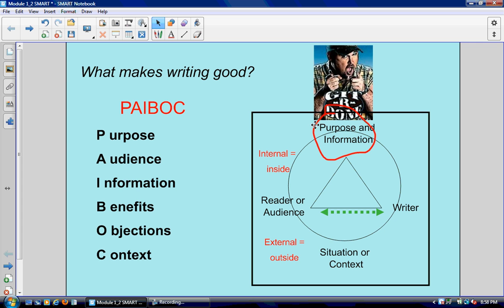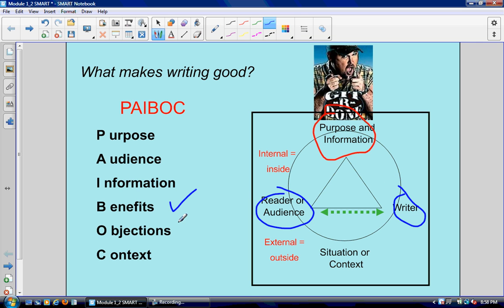But getting that purpose met and that goal achieved, of course, as we just talked about, is really dependent upon the relationships between the audience and the writer and understanding how to motivate the audience by providing them with benefits and overcoming any potential objections that they might raise.